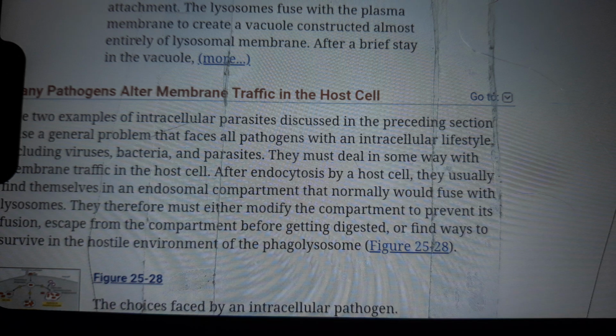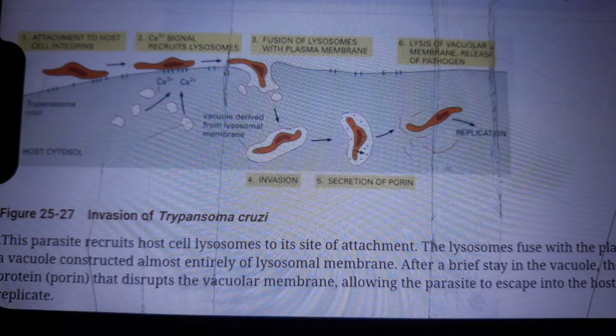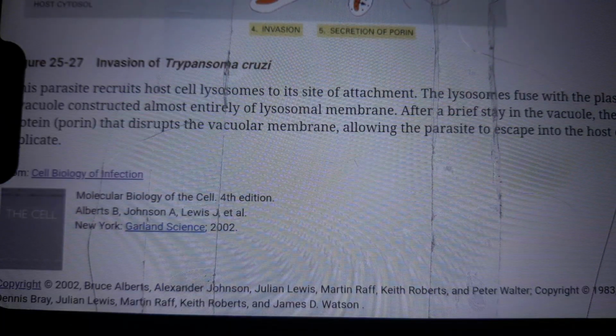After a brief stay in the vacuole, the parasite secretes a protein, a porin, that disrupts the vacuolar membrane, allowing the parasite to escape into the host cell cytosol and replicate.